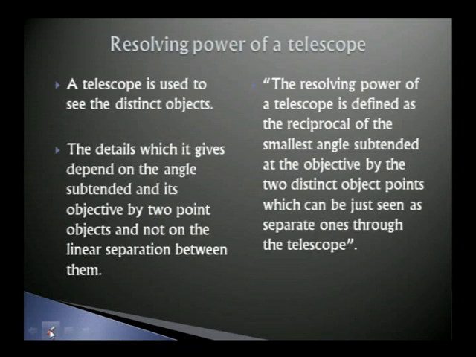Suppose two objects are lying far away and we want to see them clearly, then we use a telescope, or you might be familiar with what is called a binocular. The binocular is also used. So what is the real concept?